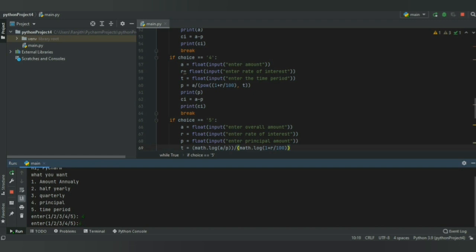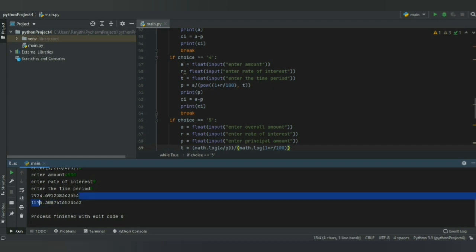Enter amount 4,500, 9%, 5 years. Principal amount is 2,924. Our compound interest is 1,575.